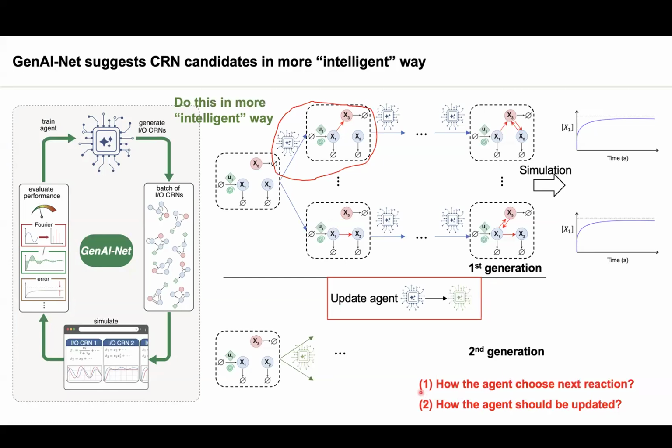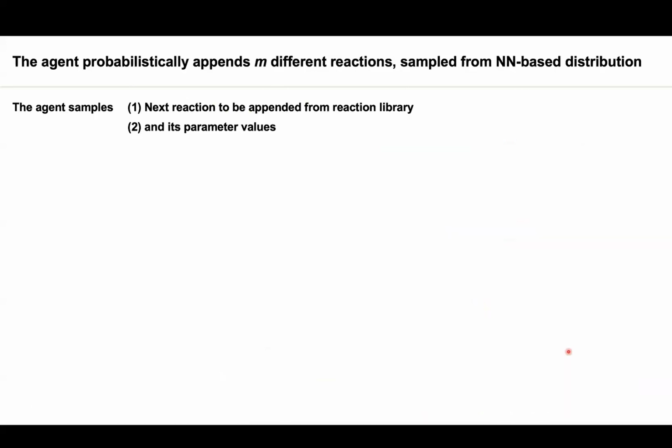So I will first explain the first one, how the agent chooses the next reaction. Choosing a next reaction means that this agent has to choose the next reaction to be appended from some reaction library, and it has to determine its parameter values.